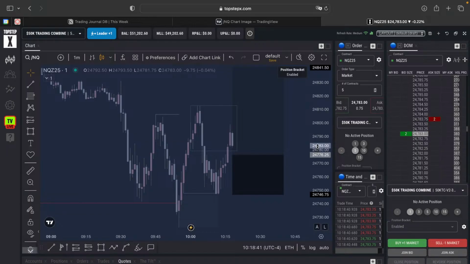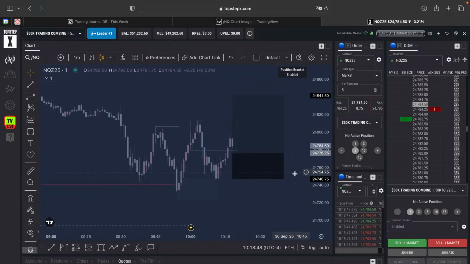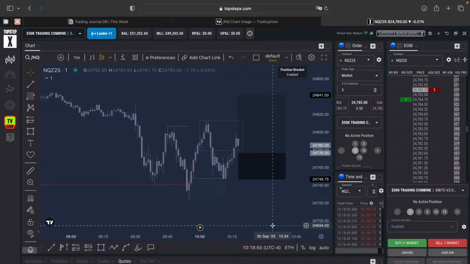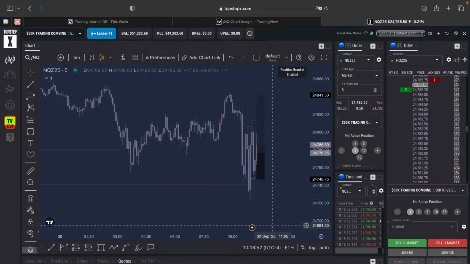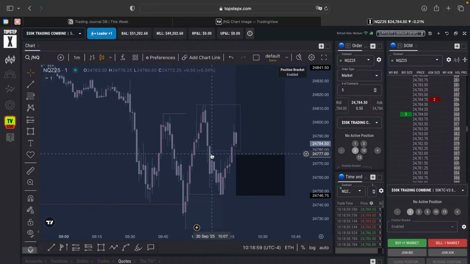Perfect. So now let's be patient, because I can enter it once it just comes down, or I could wait for the confirmation. Either or is actually good. Being that I actually like this play, I'll probably just market execute once it gets back down to this area here.